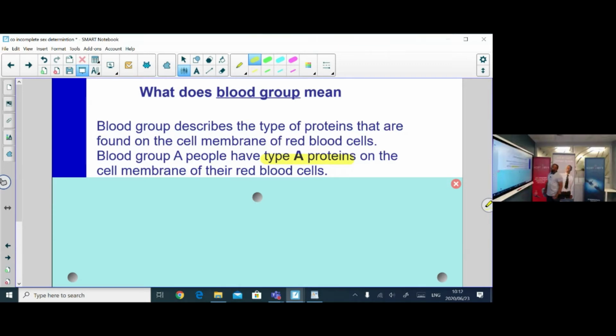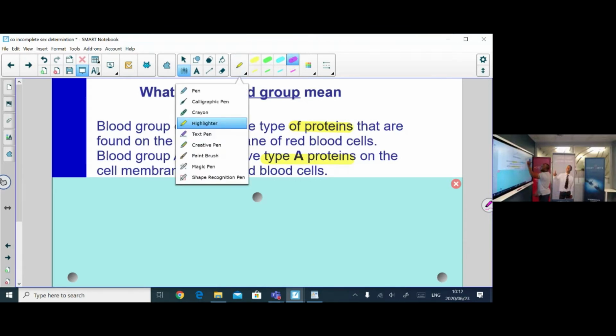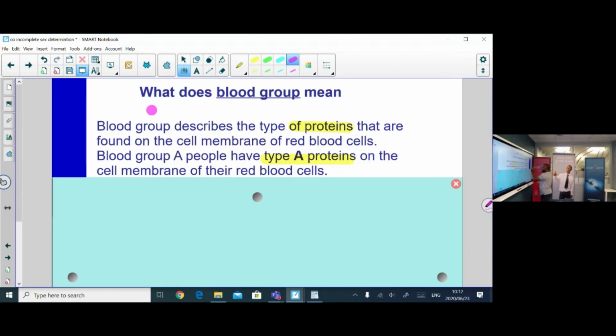Okay. So these are the proteins that are found on the cell membrane of the red blood cells. The type found on the cell membrane determines the blood group. If they are type A protein, then the blood group becomes group A.